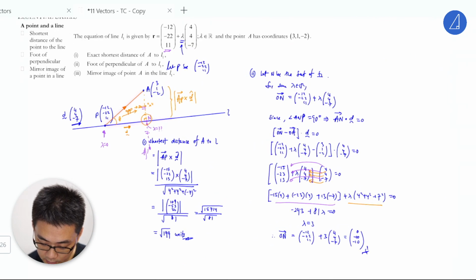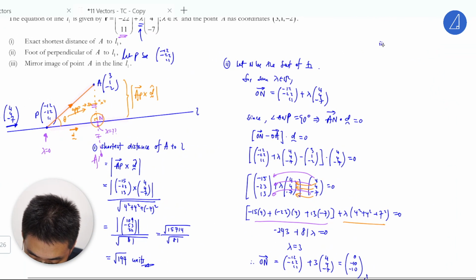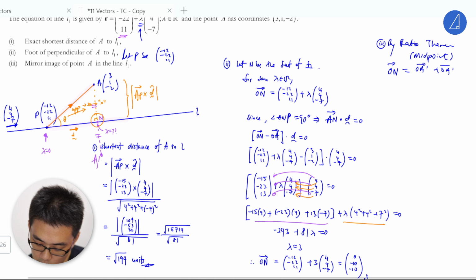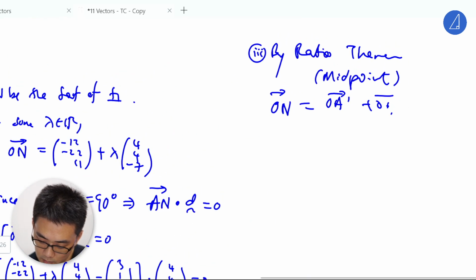So part 3, right? Or midpoint, ON over 2.